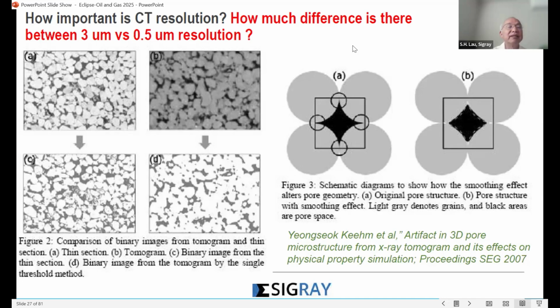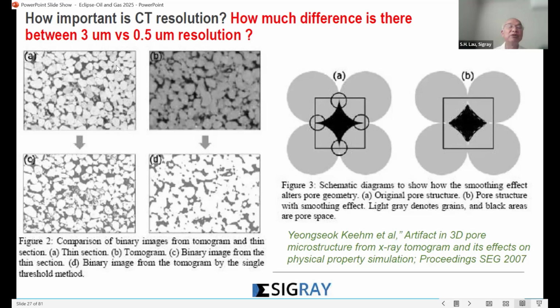If I capture an image, for example if I do a thin slice, and my resolution is not good enough, I will not be able to look at the very sharp edges at the pore size.